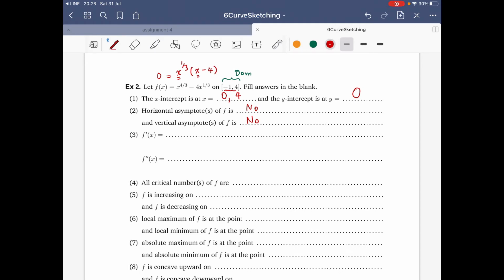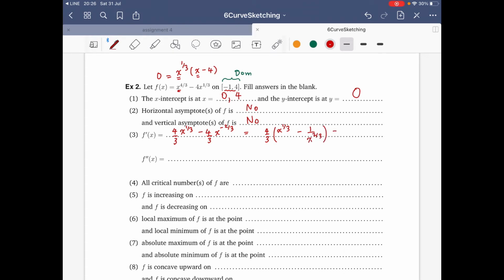So what is your f prime? Let's look at the original one. We have 4/3 x raised to the power 1/3, and then minus 4/3 x raised to the power 2/3, right? Or you can simplify a little bit, it will be this one, and then x raised to the power 1/3 minus x raised to the power 2/3.